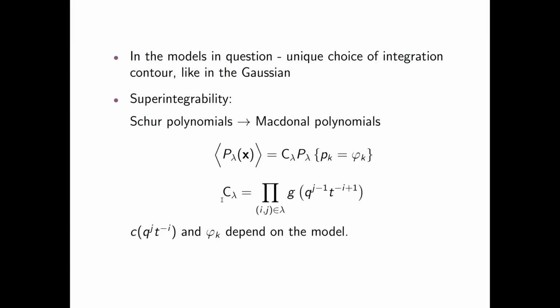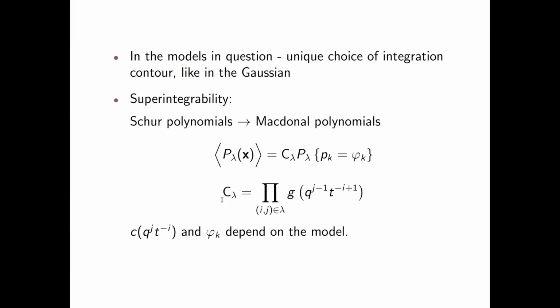And I'll actually say what the restriction is, what is the algebraic restriction in the potential, and what it means physically. It turns out that for these models, this superintegrability remarkably survives.